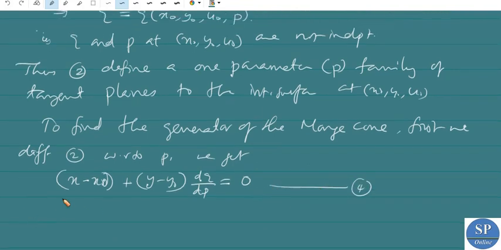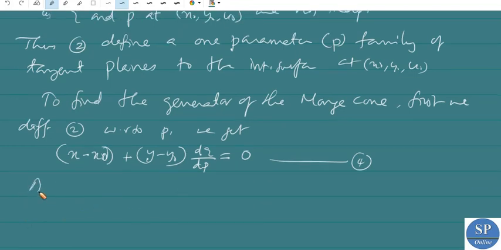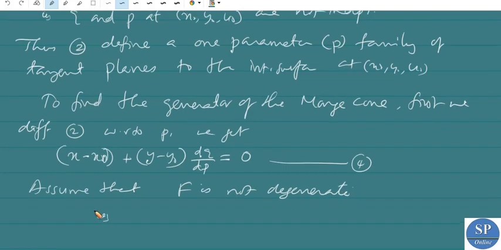Now assume that f is not degenerate, that is fp square plus fq square never vanishes. We are assuming that f is not degenerate, that is fp square plus fq square is not equal to 0.